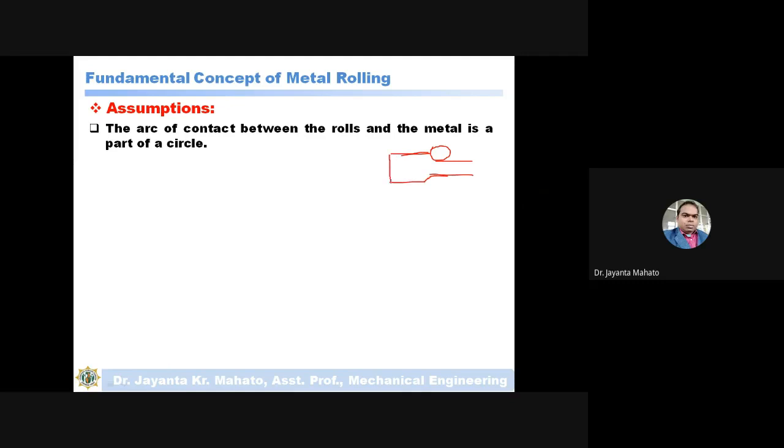After rolling, the material gets in. So this contact between the roller and the workpiece is on a circle.